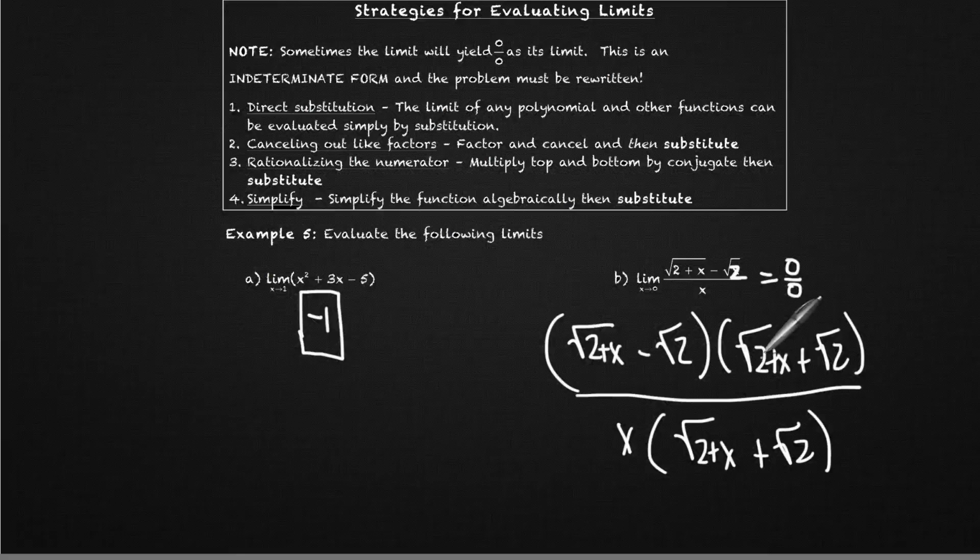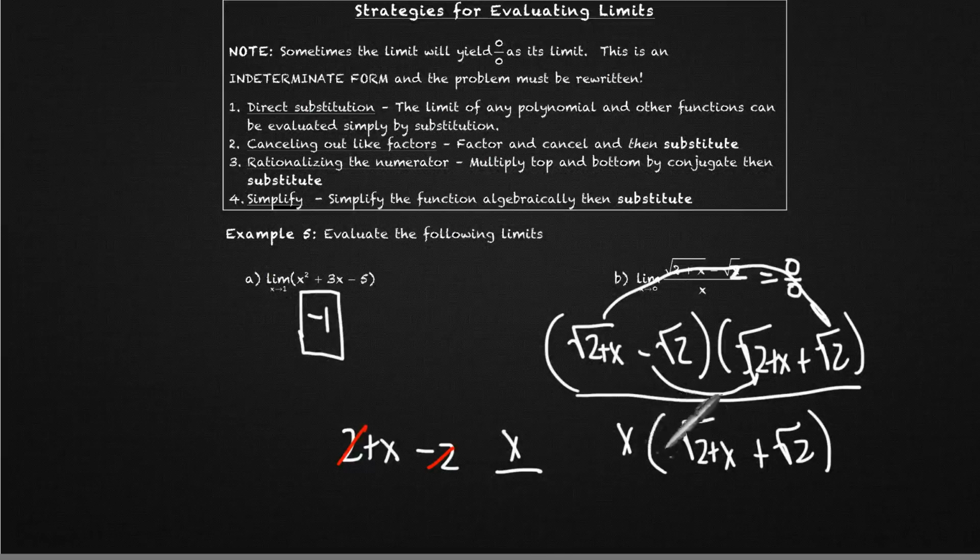Root times root, when it's the identical root, it just gets rid of the square root. So that's going to be 2 plus x. Now, the outside and the inside are going to be equal but opposite, so they're going to cancel. So then you have negative root 2 times positive root 2, which is just negative 2. And that is going to result in these two canceling. So that's going to leave you with an x on the top.